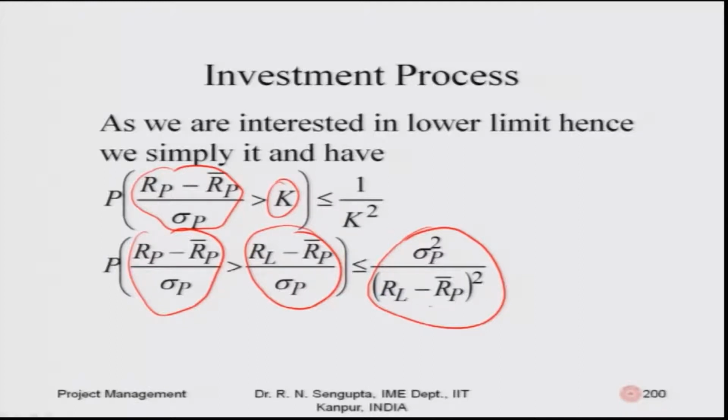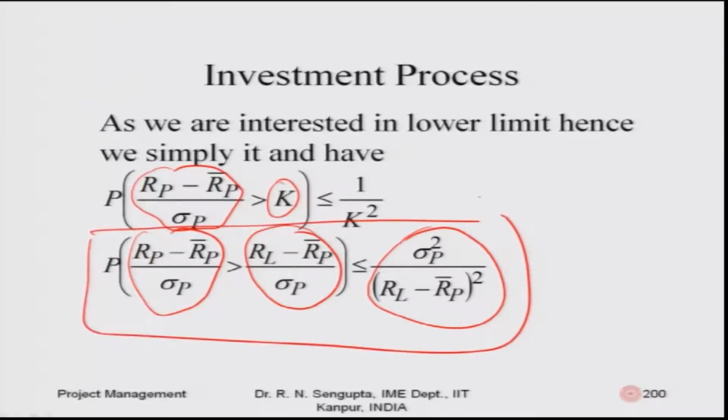So, if you see this formula, this is exactly what we needed, where all the standard deviations and the returns of the portfolios of the projects are given, or the risk free interest is given, or RL is given, as the case may be.